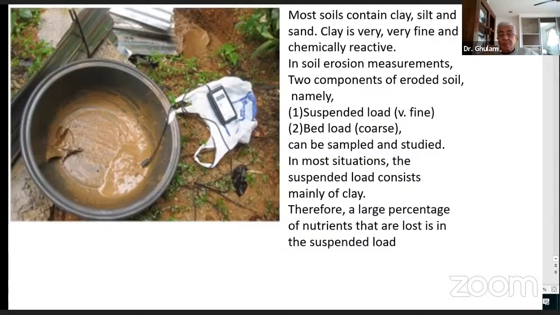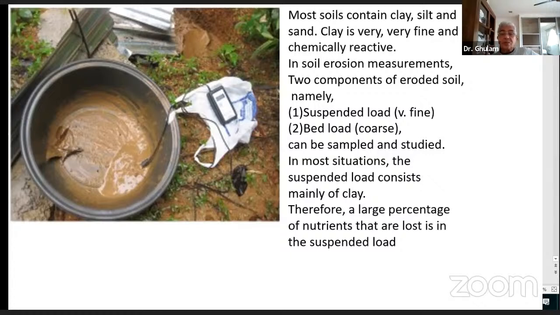What is called a suspended load, which is suspended in the water, and the bed load, which moves in the bottom part of the flow of water. Because of the differences in size, the smaller ones, the suspended load, normally float or are suspended in the flowing water, whereas the bed load does not because it's heavy and coarse.